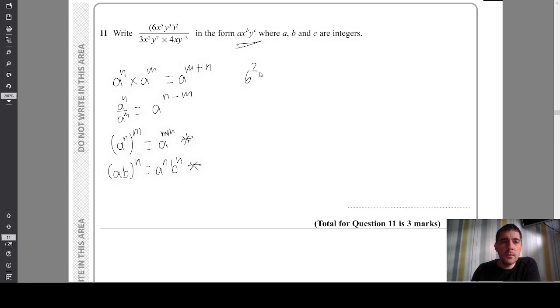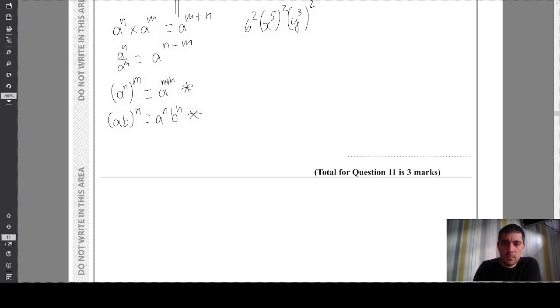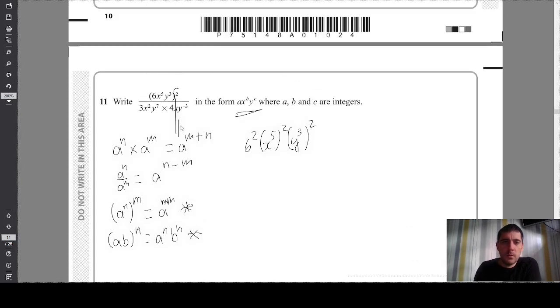So 6 squared, then we get x to the 5 squared, and then we get y cubed, squared. What happened here, I've just applied the square to every single term inside this bracket.